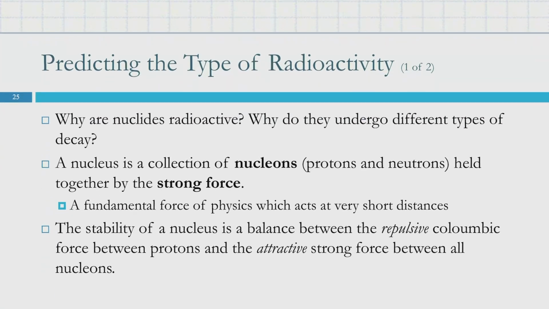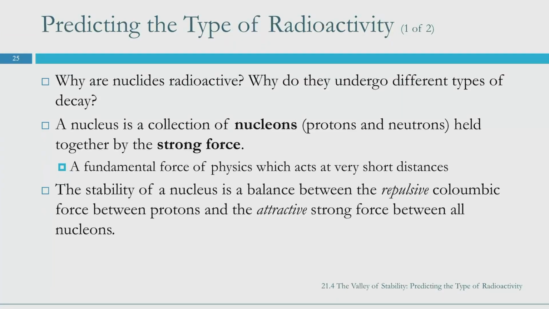You might be wondering, why are nuclides radioactive? You're probably not, but you might be. Why are there different types of decay? Well, it turns out a nucleus is a collection of what we can call nucleons. So nucleons are just things that are in the nucleus, protons and neutrons. And they're held together by the fundamental force of physics, the strong force.